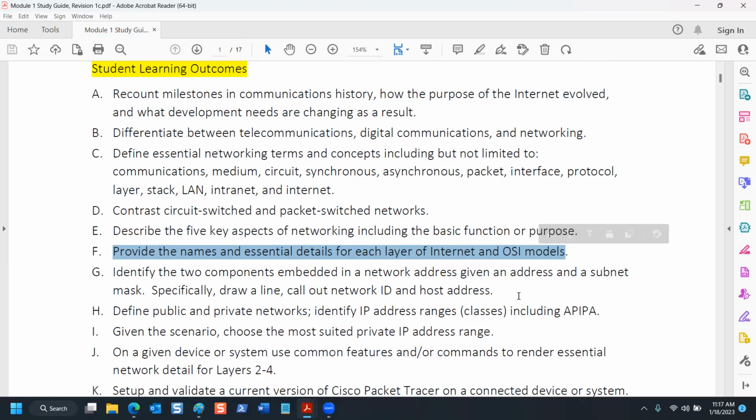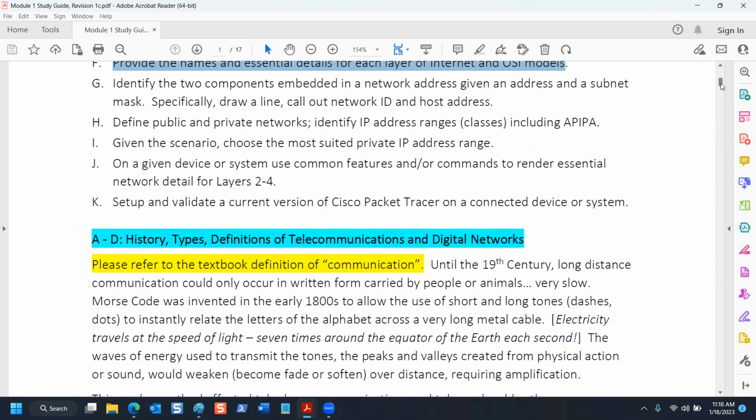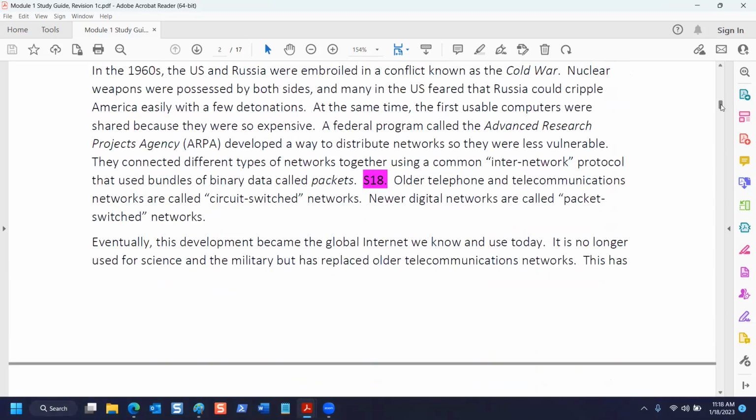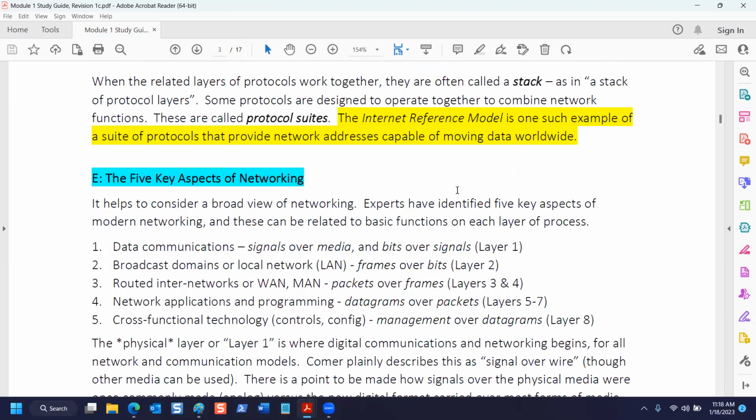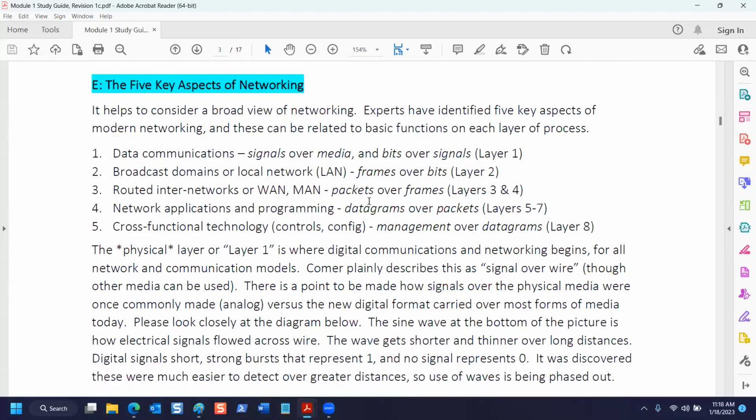So without further ado, one of the things to understand about networking is that it's a bit like Shrek. Does everybody remember the reference to Shrek? Yeah. So ogres have layers in the first Shrek movie.